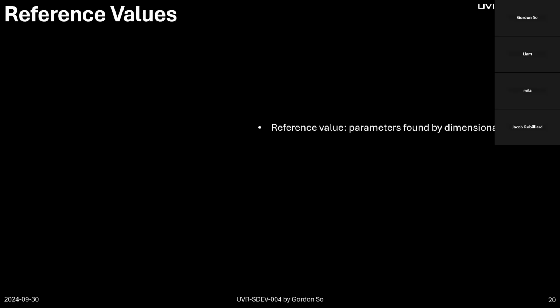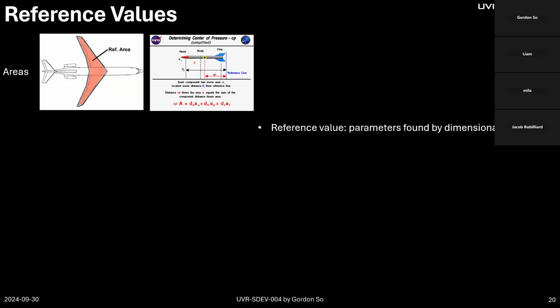Reference value. This is another topic in fluid dynamics. Basically, you need to use some sort of reference to calculate every single thing in your system. Of course, the best example would be area. Like on a wing, you would use basically just the wing shape. And then on a rocket, usually you use the cross-sectional diameter of your fuselage, which we call one caliber length, and that is our reference area.